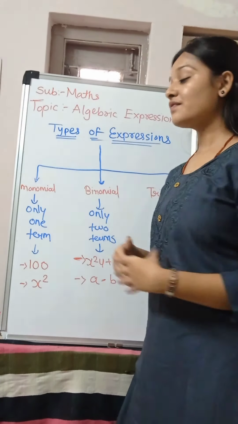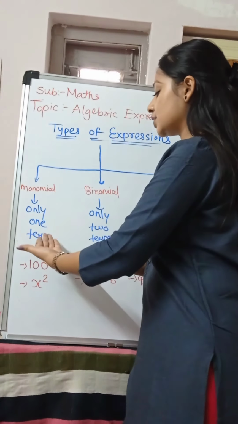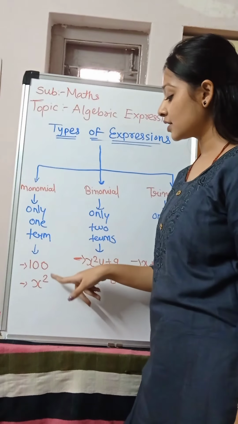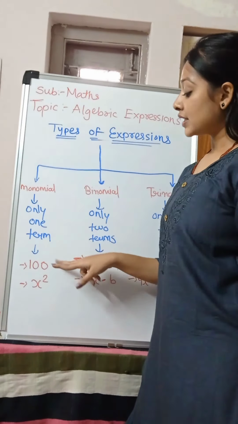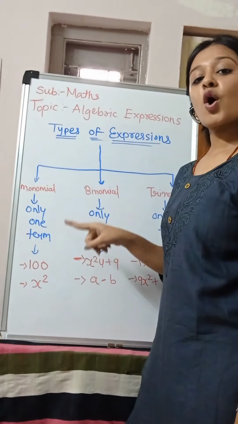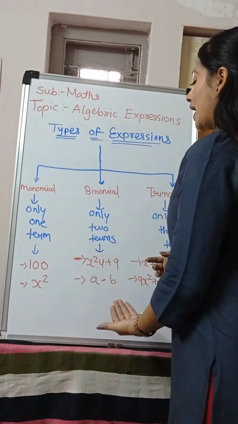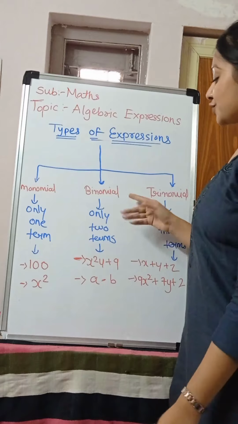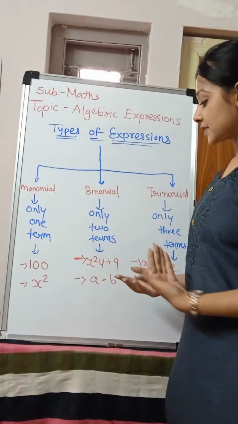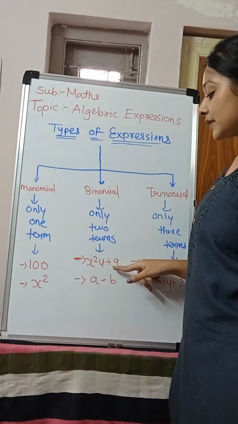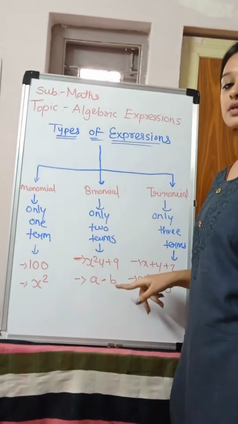A monomial is an expression which contains only one term, for example 100 and x square. In both examples there is only one term, 100 and x square. Now binomial. An expression which contains only two terms, that is x square y plus 9 and a minus b.